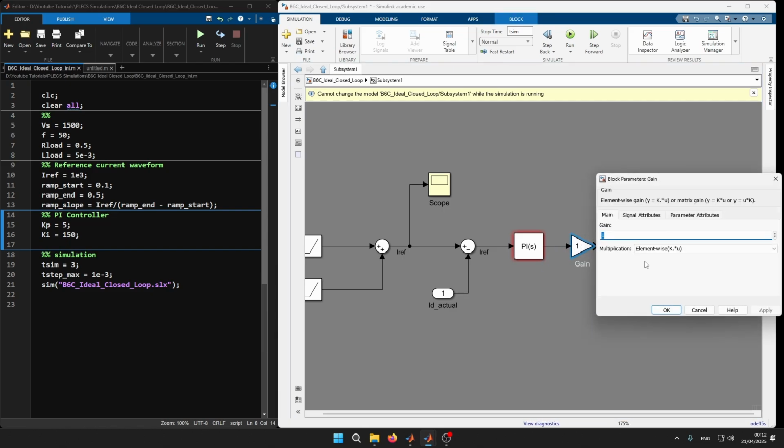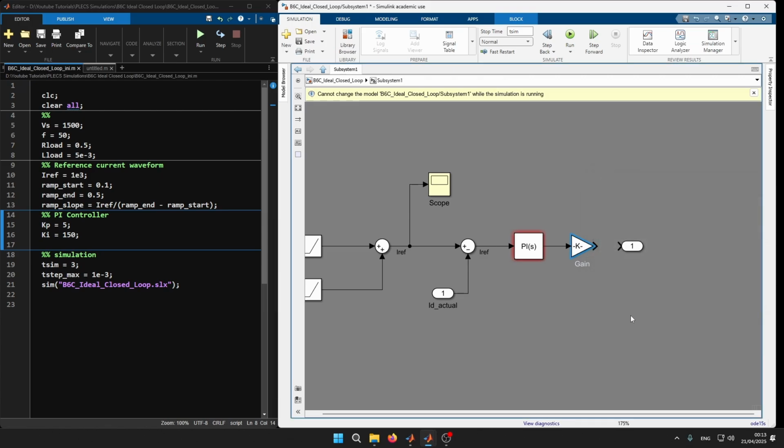and the gain value is 1 by, we need to include the DC voltage level. We need to normalize that output of the PI controller, which is a voltage, by the DC voltage, which is 1.35 times the value of the converter voltage, Vs. We need to normalize by that voltage level.